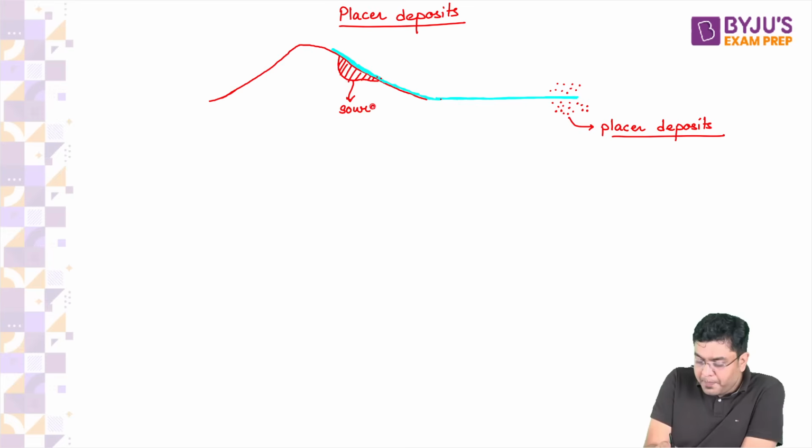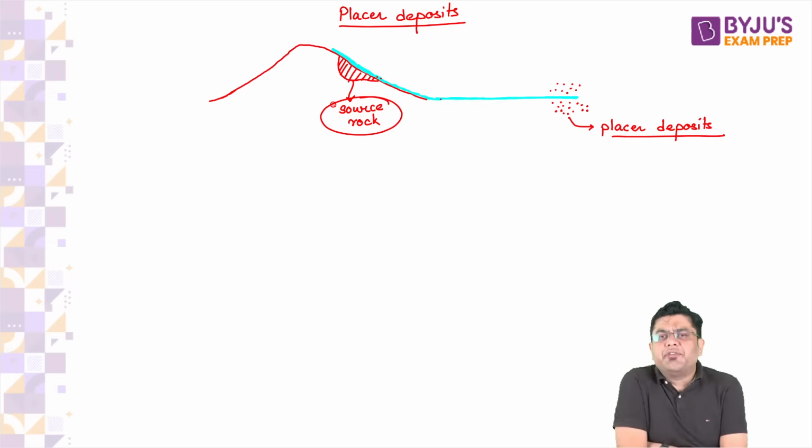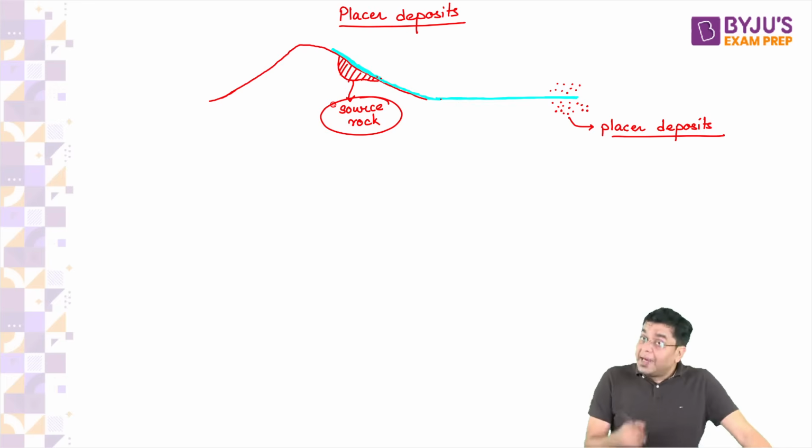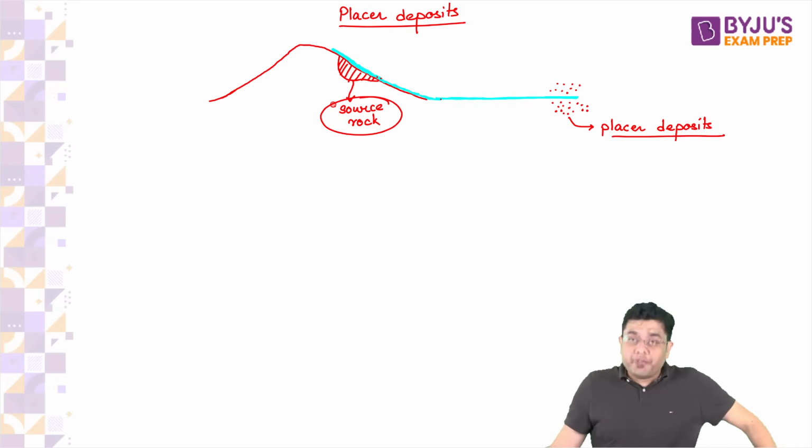So he observed that in the region of Western Africa, there are huge placer deposits of gold, but the source rock is not to be found in Western Africa.